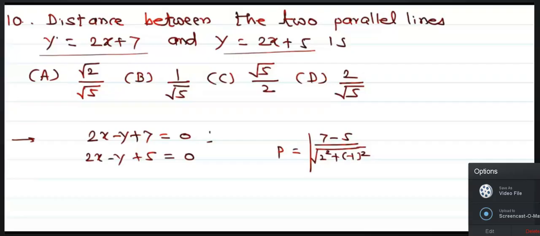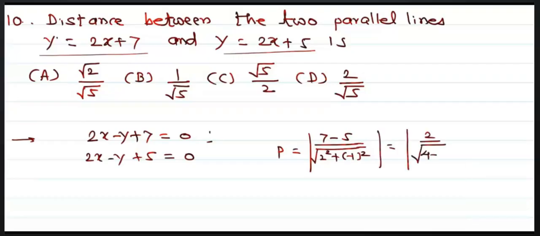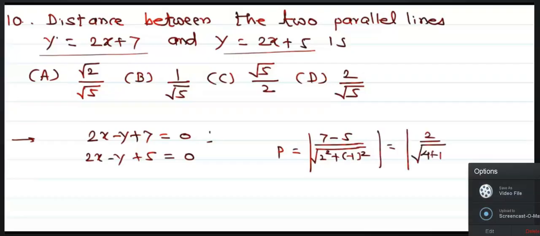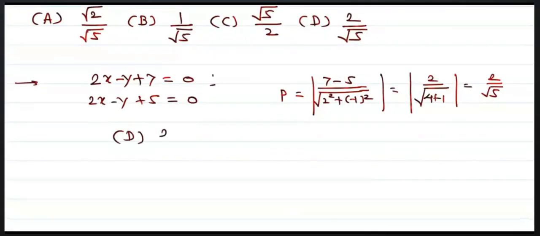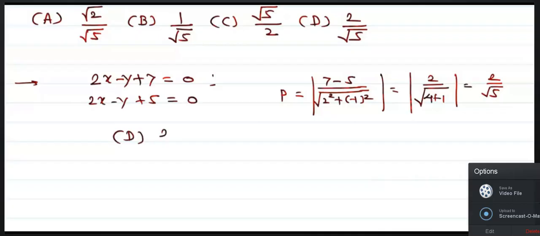That is 7 minus 5 upon square root of 2 square plus minus 1 square. Therefore, the distance p is equal to 2 upon root 5. The option D is the correct one.